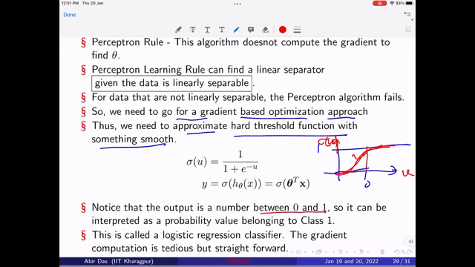If u is highly negative, say negative infinity, then the denominator is a very high value, so sigma u becomes 0. If u tends to positive infinity, then this term is a very small value, so sigma u becomes 1. And if u is 0, then it is 0.5.